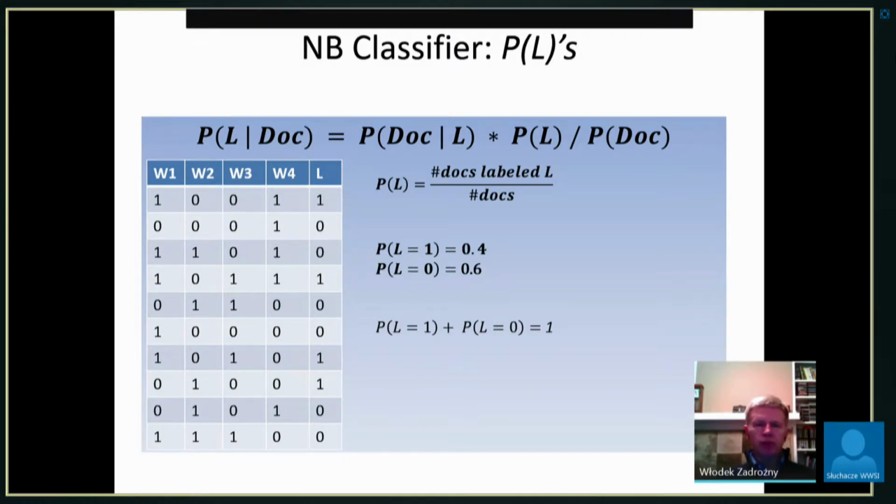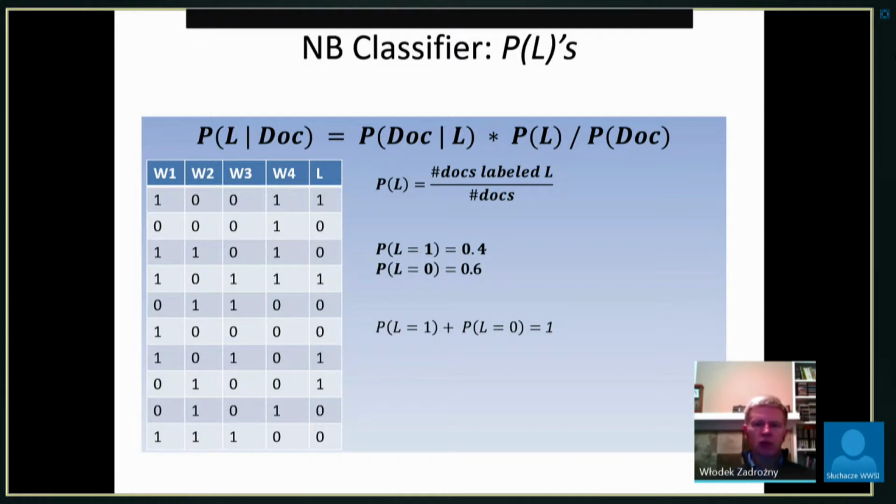Now, notice that since this is a binary classification, the probability of the document being given label 1 or being given label 0, the sum of these probabilities is 1, okay, because there are only 2 possibilities and all documents are being classified.